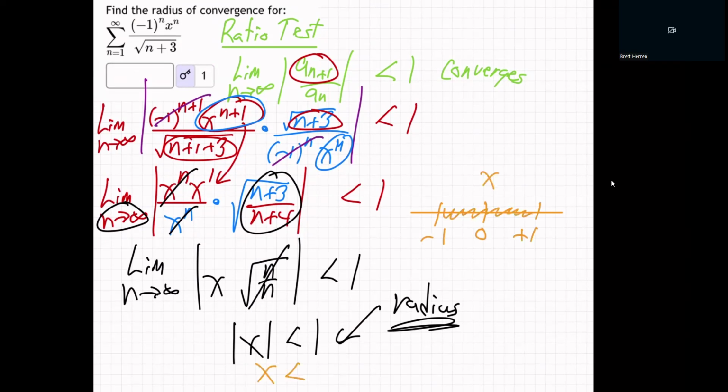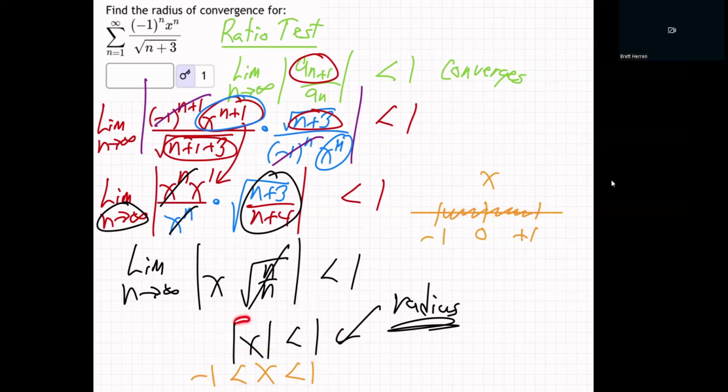This is the same thing as saying x is between -1 and +1. Notice the radius means from the middle to the edge, like the radius of a circle. So the radius is 1. The x can be anywhere from the middle, back 1 or forward 1.